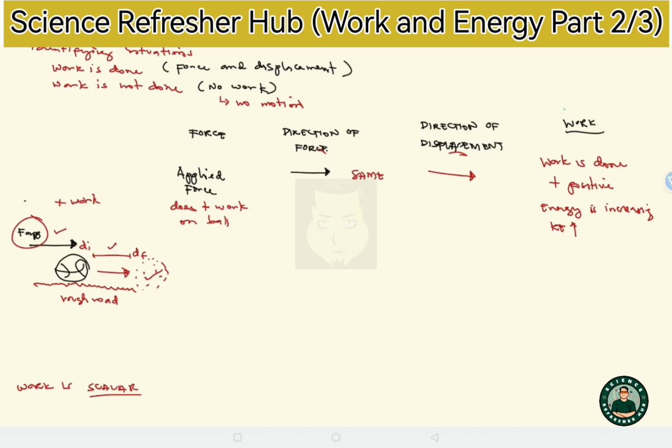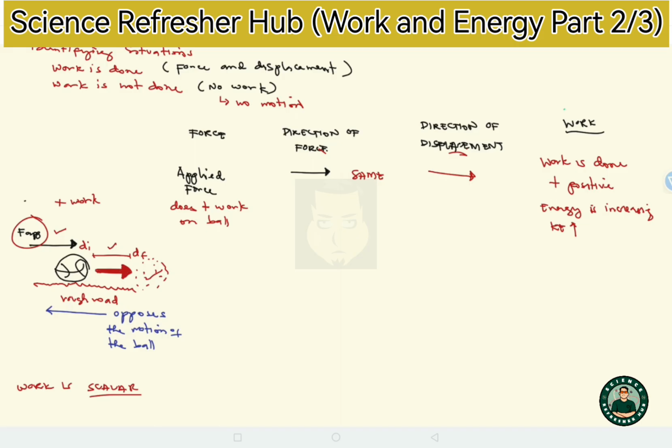But let's look at another system. We will focus on this rough road. The rough road opposes the motion of the ball. So the ball is going to the right. That's the displacement of the ball, but we have an opposing force.